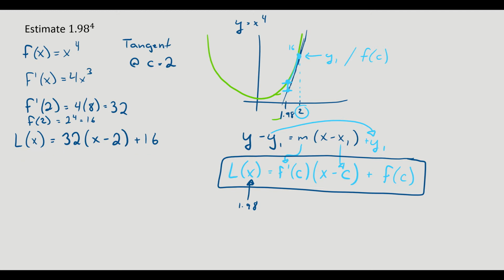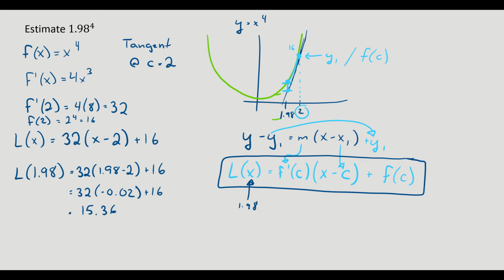To figure out what the value is at 1.98. So we go L of 1.98, which is equal to 32 times 1.98 minus 2 plus 16. So we simplify this: 32 times negative 0.02 plus 16. And that gives me 15.36 after a little bit of simplifying work. So that's the approximated value.